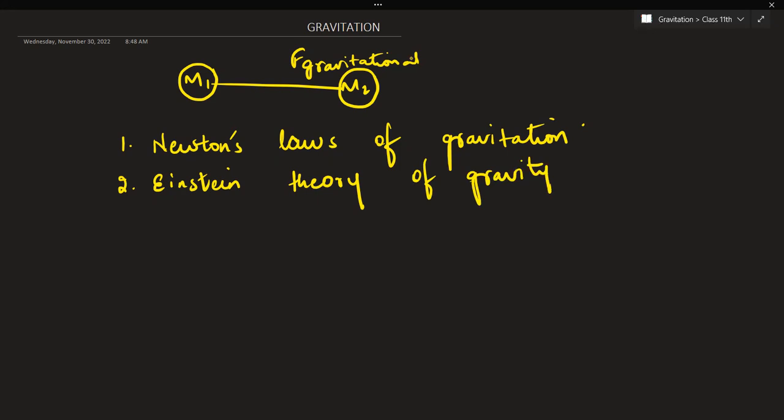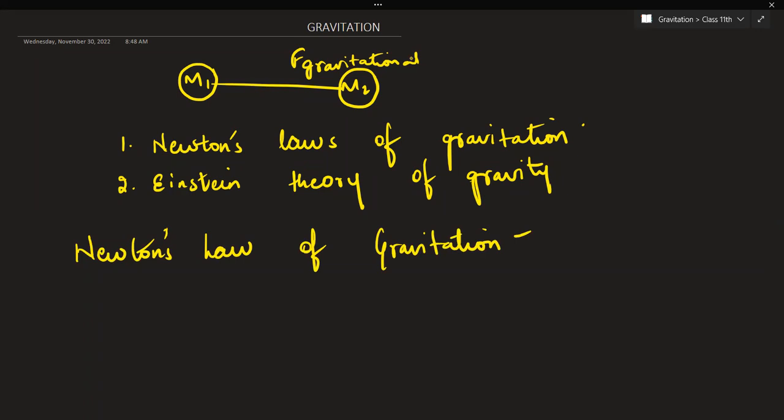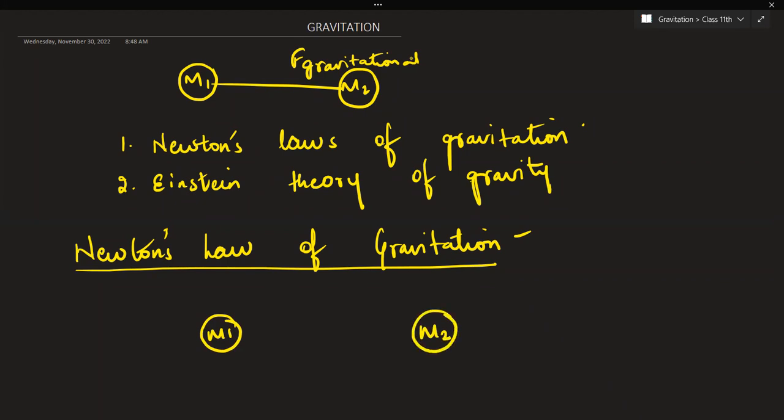But we have to do Newton's law of gravitation. Class, if there is one body of mass m1, and another body having mass m2, both of these are separated by a certain distance, let's say r, both of them can exert force on each other.